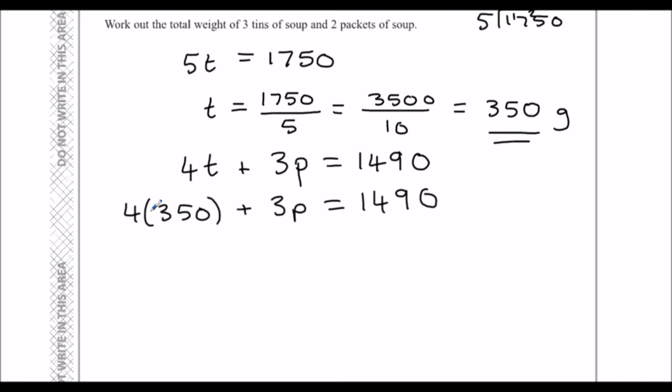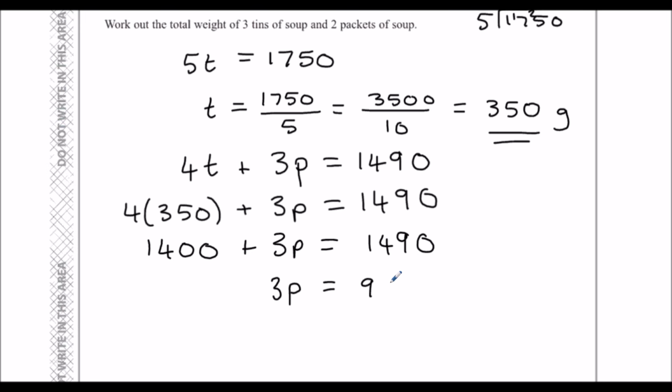So 4 350s must be double 700, 1,400. So now I'm going to take off 1,400 from both sides, which leaves me with 3p equals 90. And divide both sides by 3. So p is 30 grams. So a packet is 30 grams.